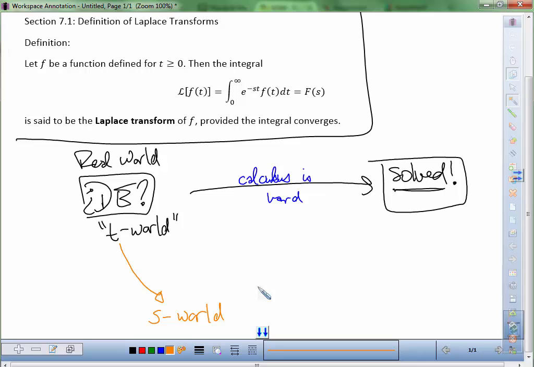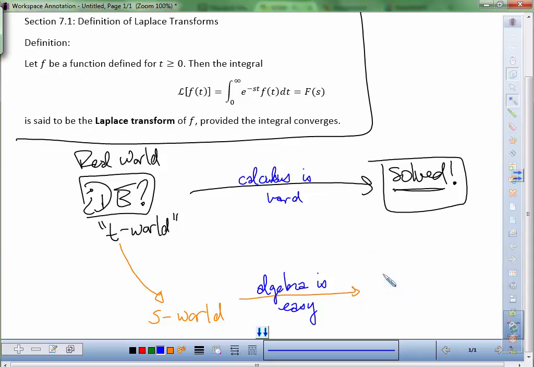And the way we're going to do things in the S world is we're going to use algebra. I say it's easy, but it's probably not so easy. But it is still algebra. Maybe. Yes, it's easier than the other way.